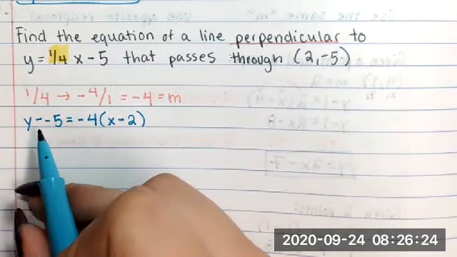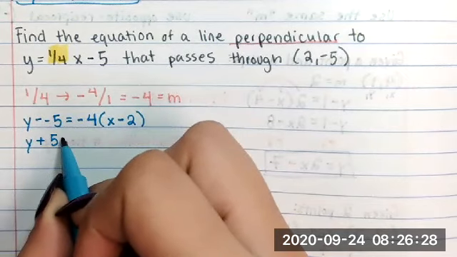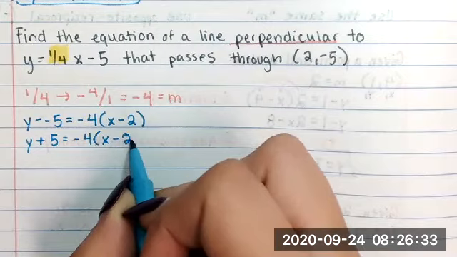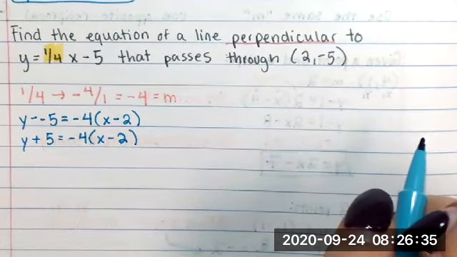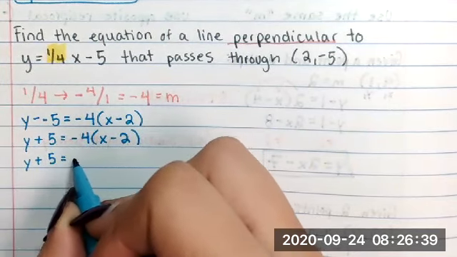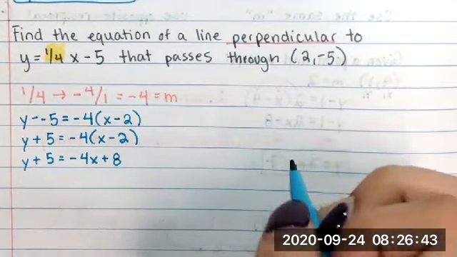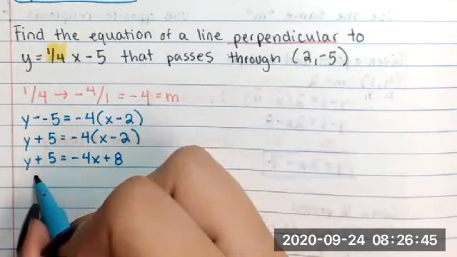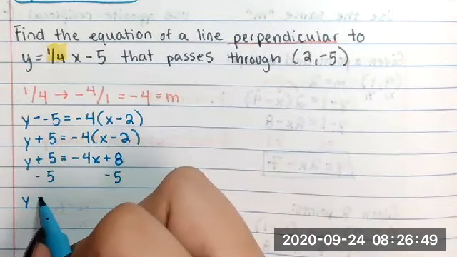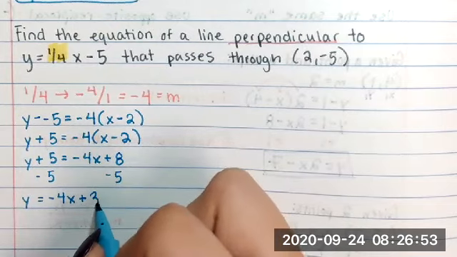All right, so I'm going to simplify this double negative here so it doesn't confuse me. And now I can do the distribution. And lastly, I can subtract 5 from both sides to get y equals negative 4x plus 3.